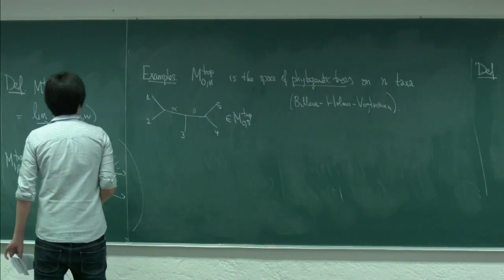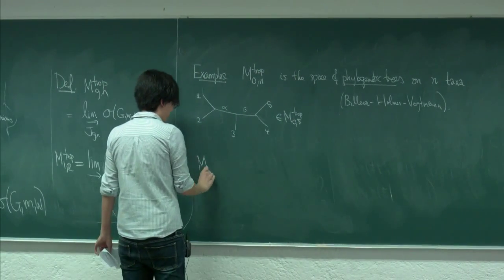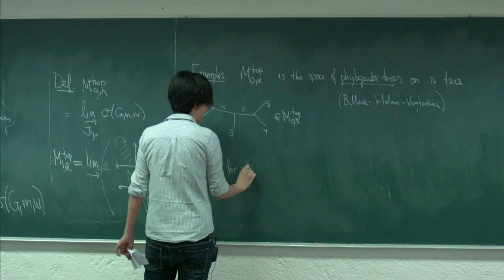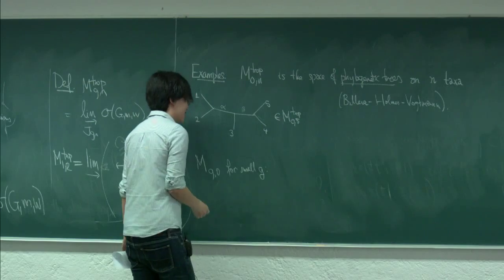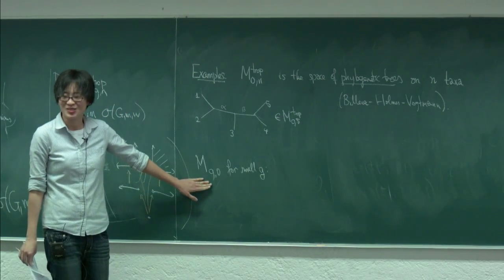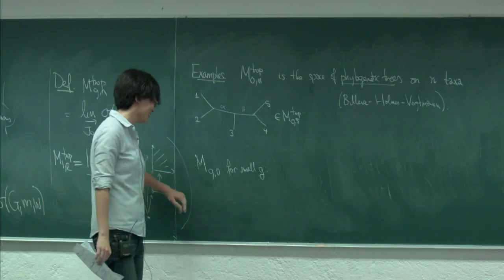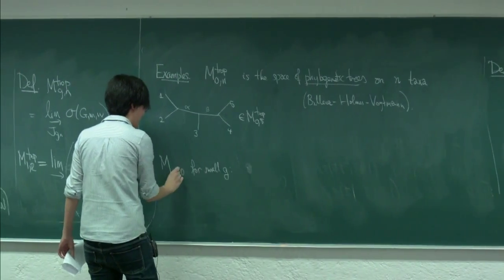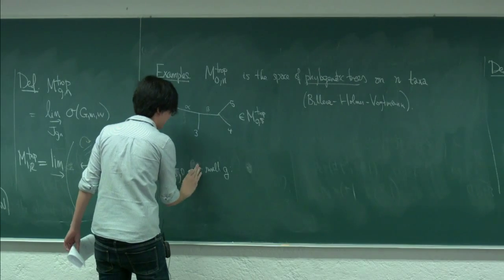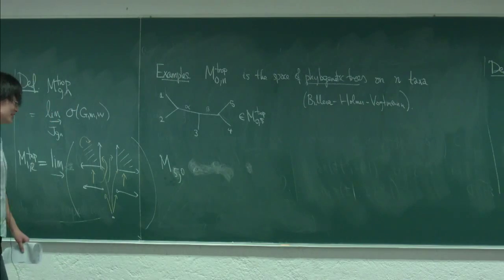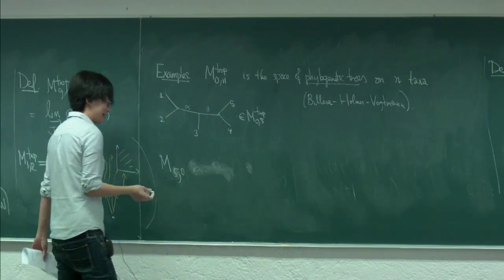For g = 0, for small g, you can see my website for pictures of the posets associated to these. So as an example, M_{0,5} trop is a space of dimension 3 times 5 minus 3, I guess that's 12.